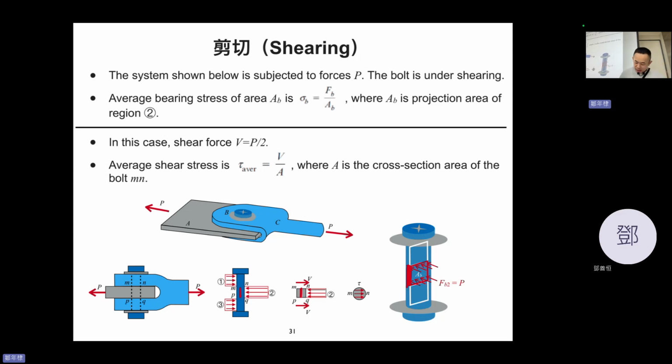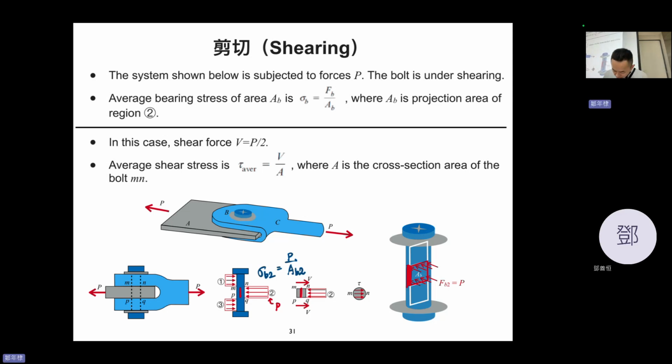So we can say again, this FB2 is due to the gray material. So this is P. And then sigma B2 equal to P divided by AB2.